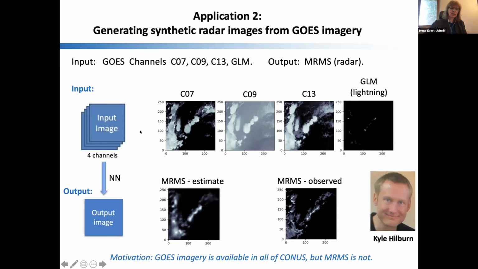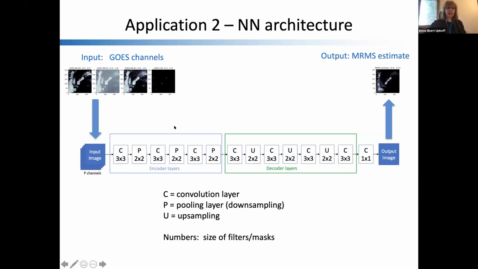So again, it's an image translation problem. You have your input image, you have your neural network, you have your output image. And this is the architecture we're using. We feed in our 4 different channels, and it goes into a classical encoder-decoder. This is very much like what you saw in Jeb Stewart's segmentation problem, just that we don't have the skip layers. Just imagine you have your UNet and you take out the skip layers.